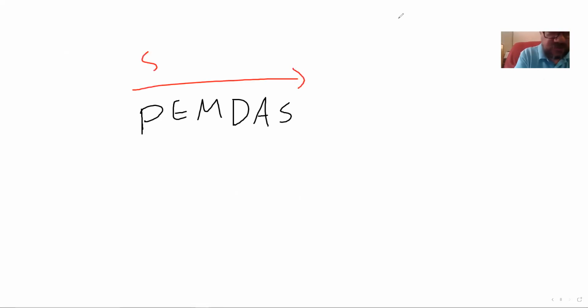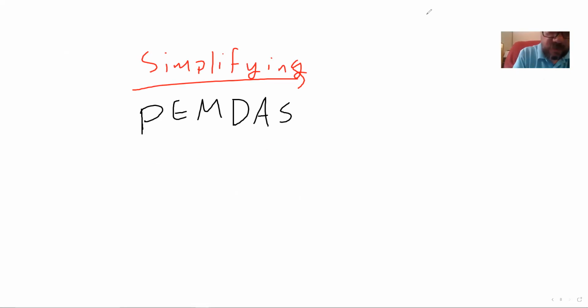All right, remember PEMDAS. Simplify. When we are simplifying, we do the parentheses first, then the exponents, then multiplication, division, then addition, subtraction. Great, you already know that. That's what the acronym's for.